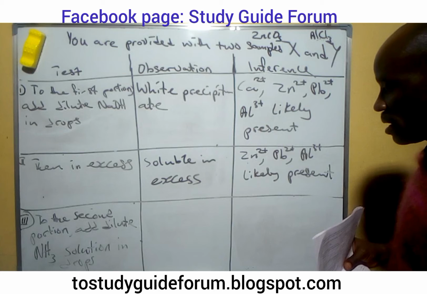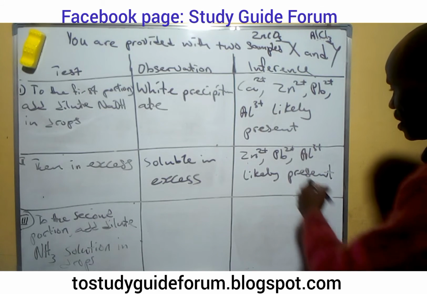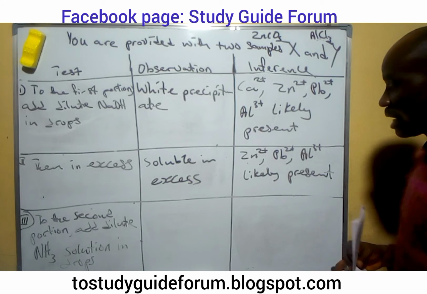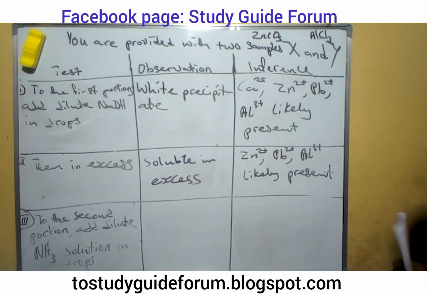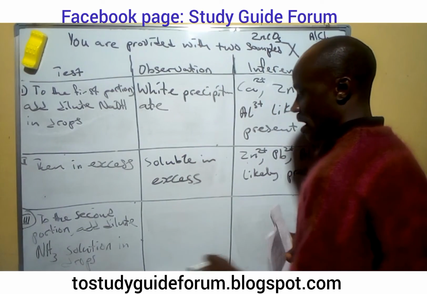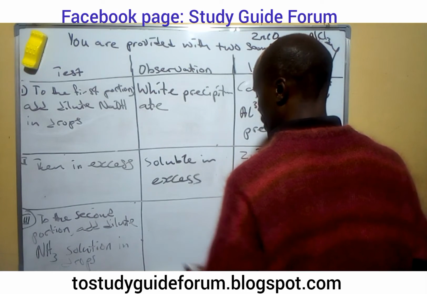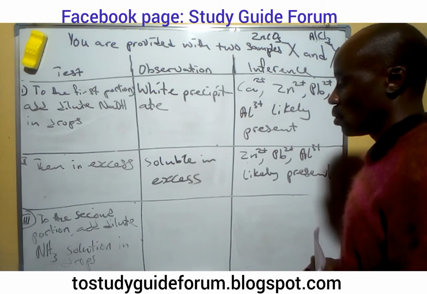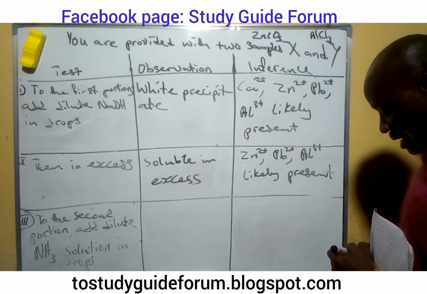get it clearly, to really eliminate all the ions that may not be necessary here, what we do, before we add this our second portion, we add dilute hydrochloric acid.